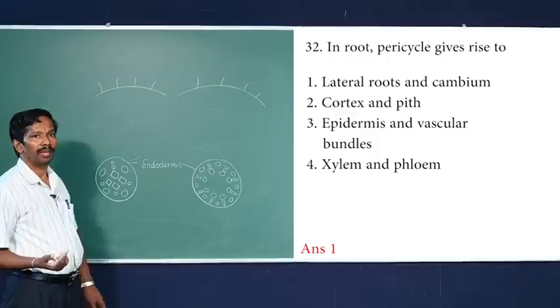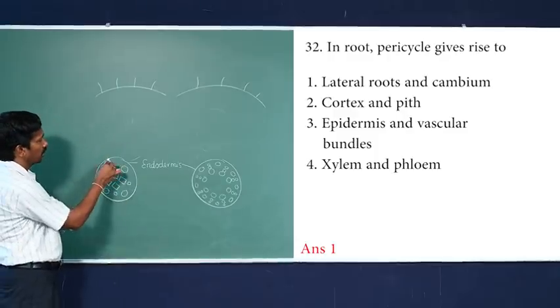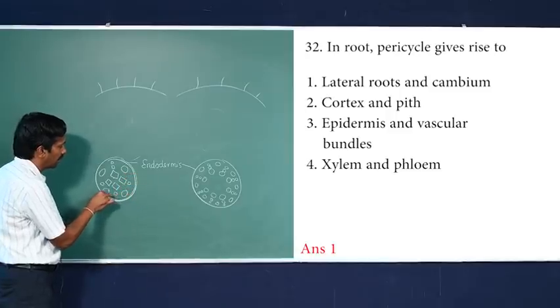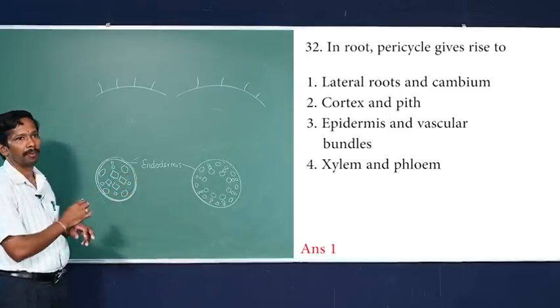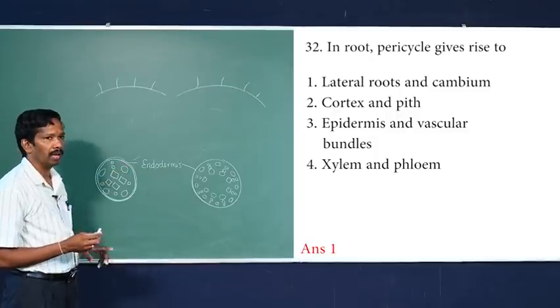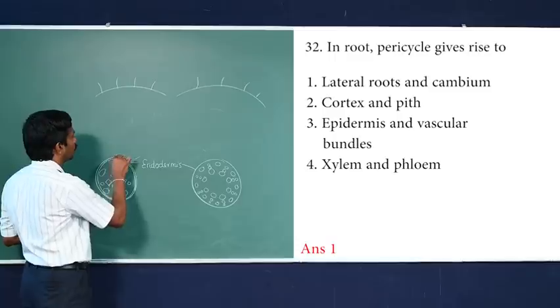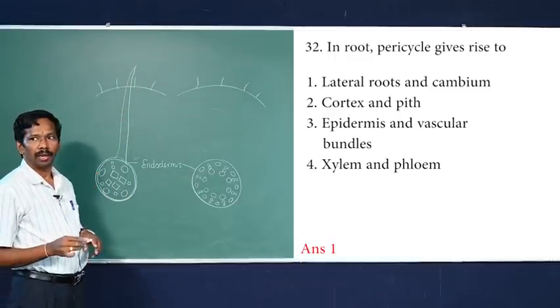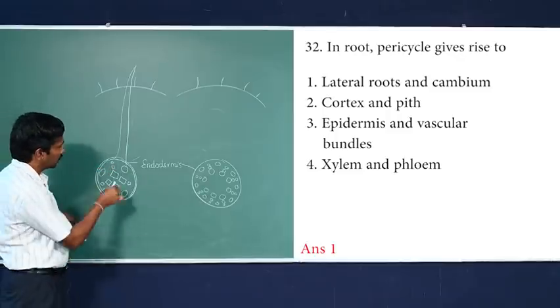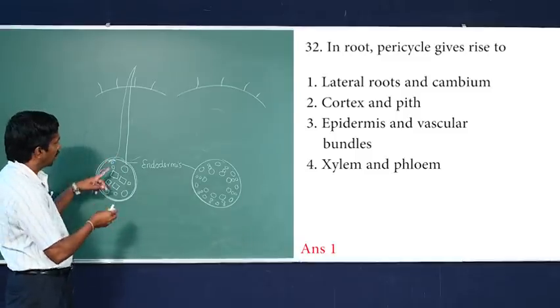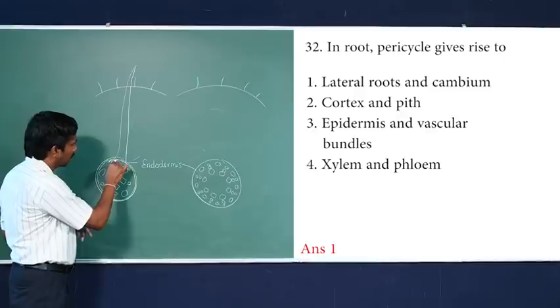32. In root, pericycle gives rise to. So inner to endodermis there is a layer of parenchyma cells, and that is called pericycle. And pericycle is responsible for formation of lateral roots, the endogenous origin of lateral roots in the plant body, and also it is responsible for formation of cambium, because outer to xylem the pericycle undergoes dedifferentiation, and the dedifferentiated tissue forms cambium.